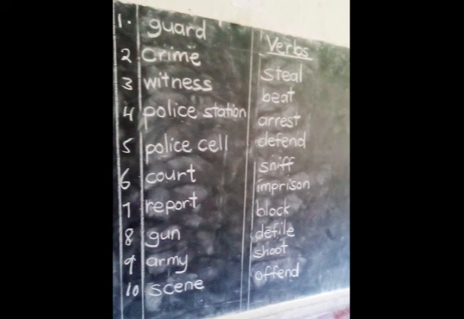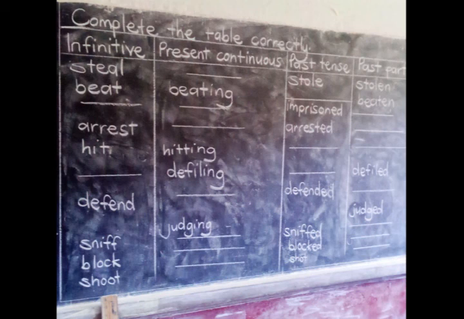Now we come to the table where we are instructed to complete the table correctly. In our table, we have the space for the infinitive, the present continuous tense, the past tense, and the past participle.